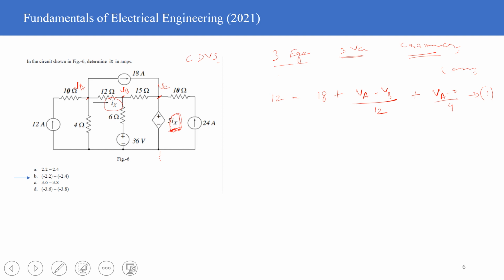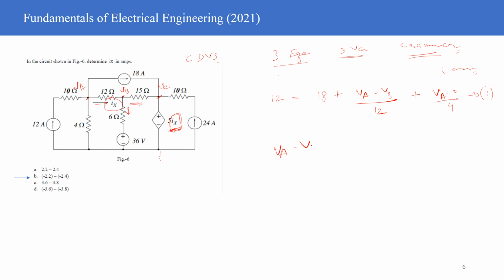So this is how the equation number 1 is derived at node number A. At node number B, what you have is VA. I have the current in this direction, so current now flows out here like this, and this like this. I've taken the designation which is appearing on your screen.